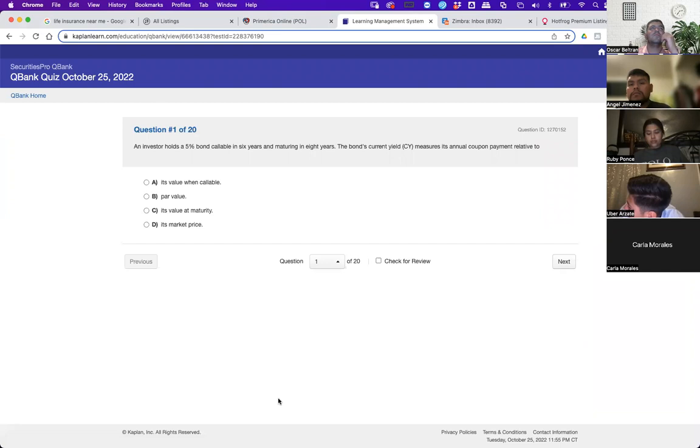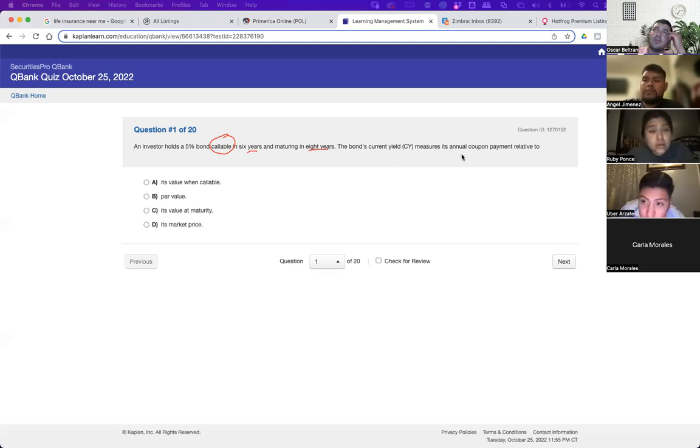All right, cool. So an investor holds a 5% bond. Okay, so it's callable in 6 years and matures in 8 years, so 5 and 8. The bond's current yield measures its annual coupon payment relative to what?